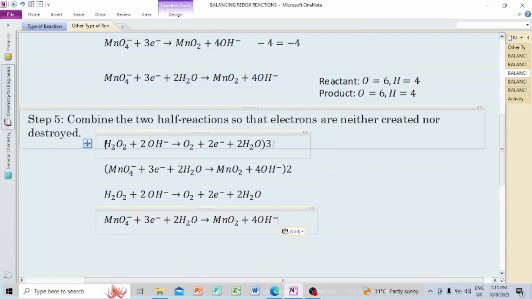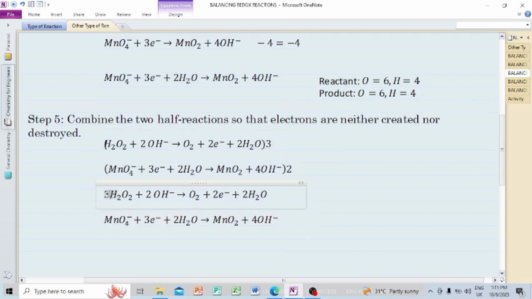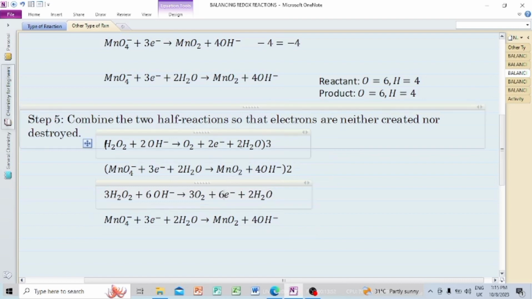To make it 3 times H2O2 is 3H2O2. 3 times 2OH is 6OH. 3 times 1 is 3O2. 3 times 2 electron is 6 electrons. And 3 times 2H2O is 6H2O.